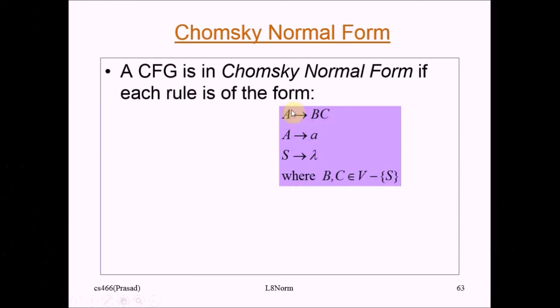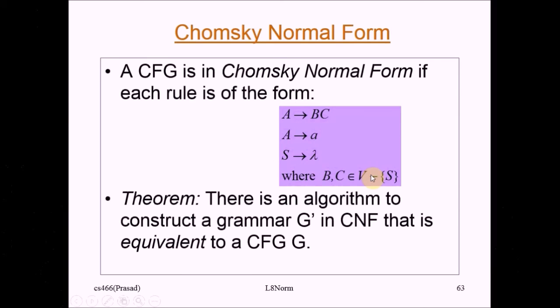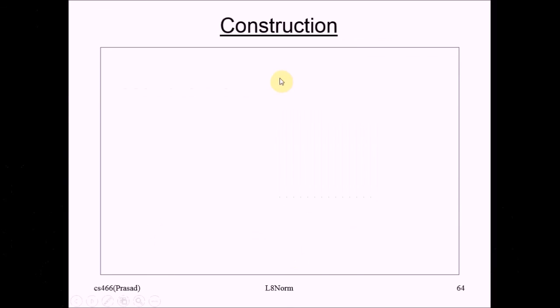The first rule is that for non-terminal A, it should be of the form BC, where B and C should be non-terminals, or A should tend to small a, which is a terminal, and the S production should be null. Now, the theorem suggests that there is an algorithm to construct a grammar G dash in CNF that is equivalent to a CFG G.